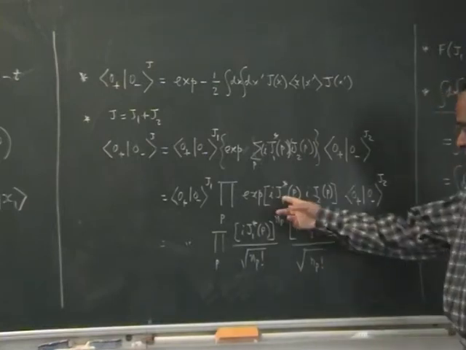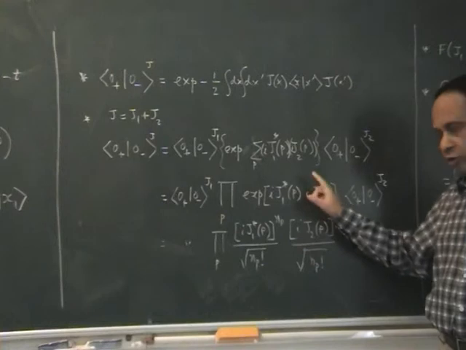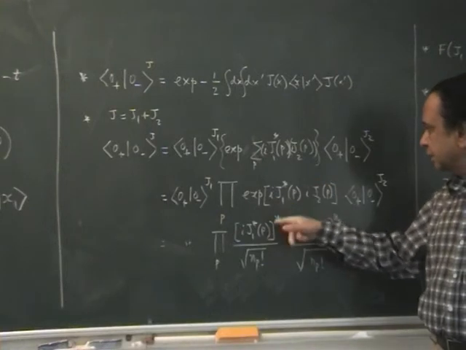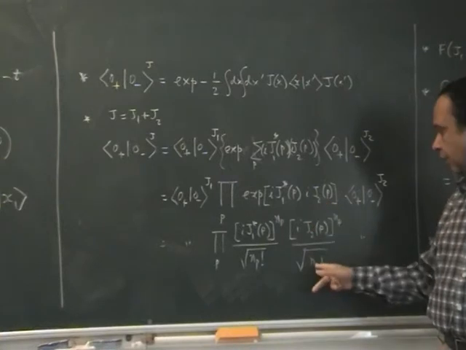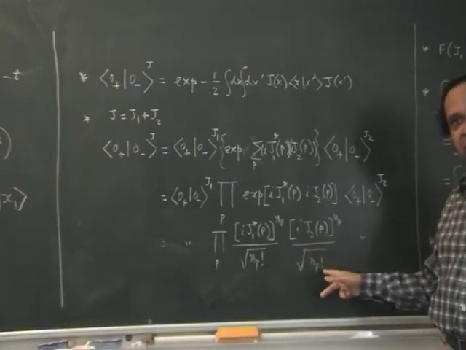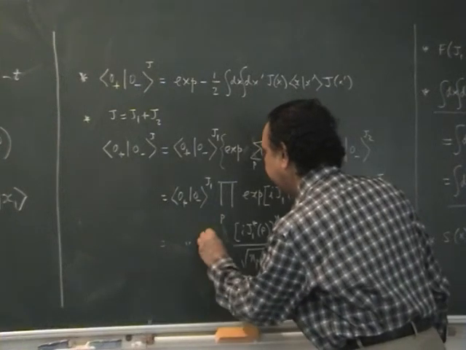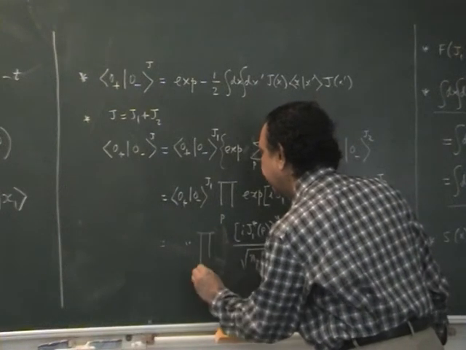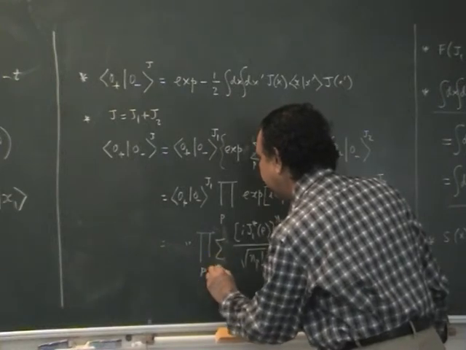What have I done? Just expanded the exponential. So this is e to the x, so x to the power n upon n factorial, which I write as two square roots, and then of course there is a summation over all NP. So there is a product over P, and for a given P there is a summation over all NP.